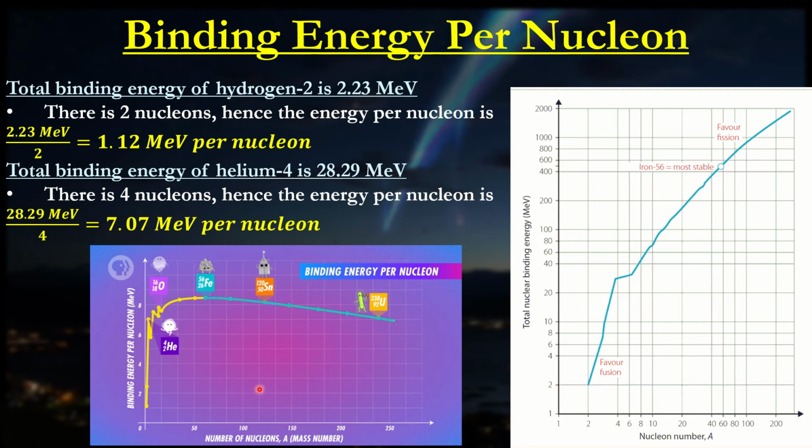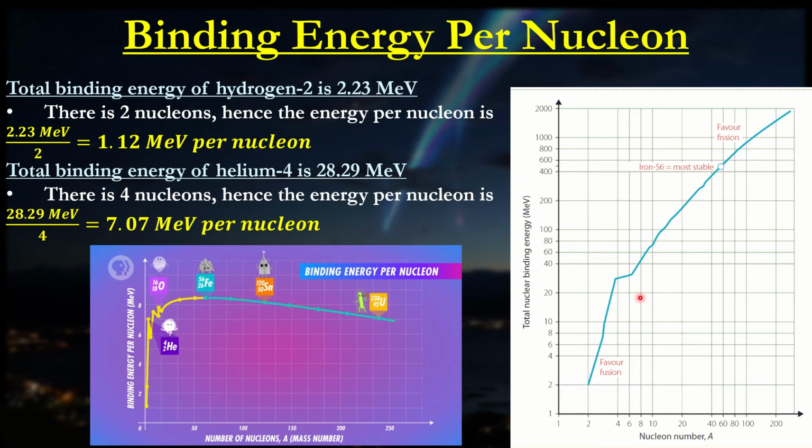However, the binding energy per nucleon reaches a peak at iron, element 26, and then begins to plateau down towards the heavier atoms. That's why we say that iron is quite a stable atom.